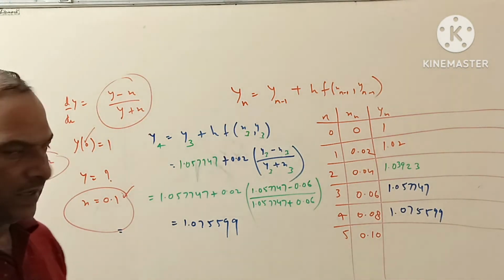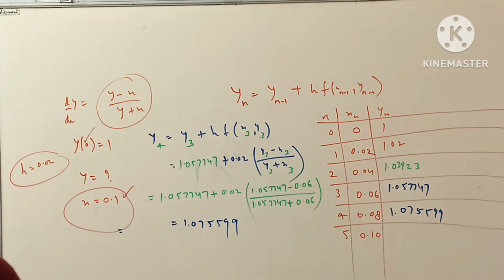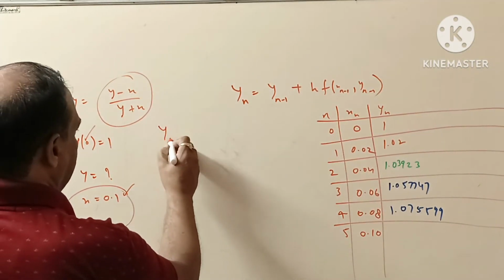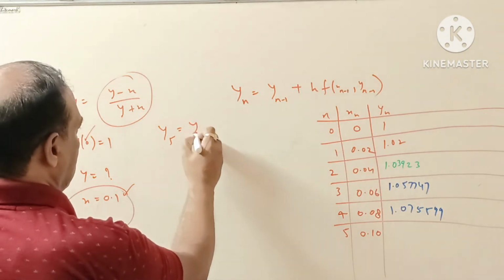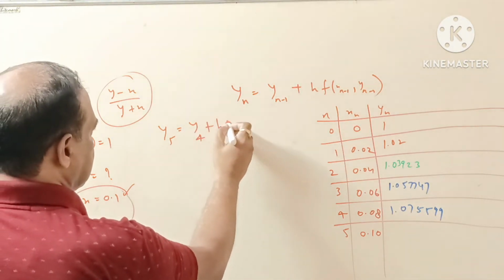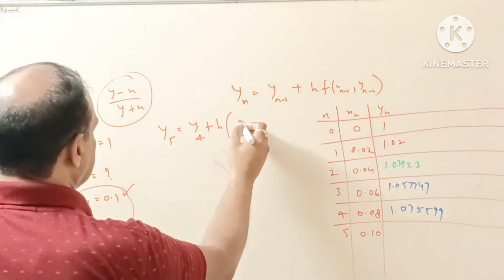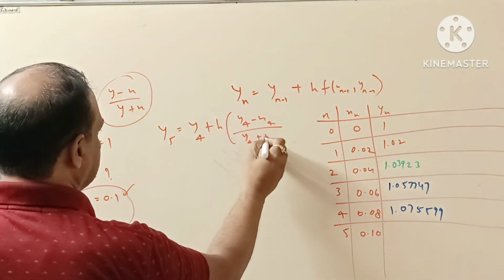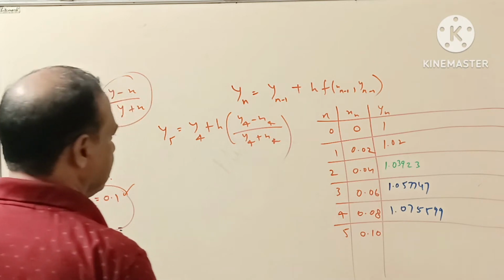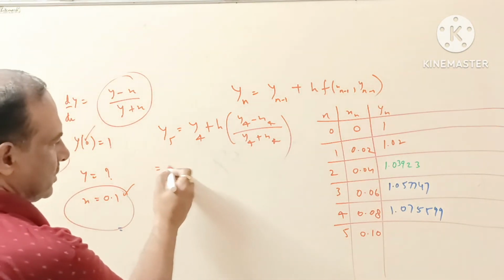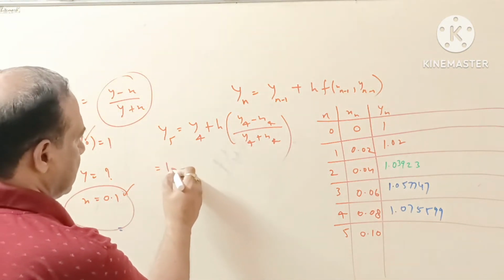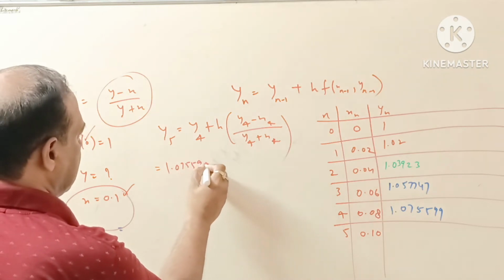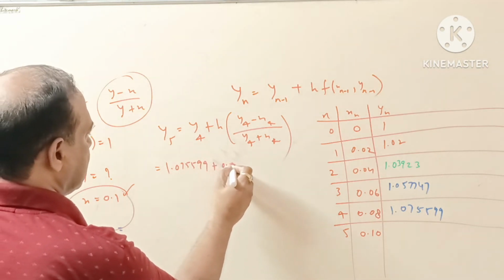Now I have to find out the last value. Now y5 is equal to y4 plus h, and in the bracket y4 minus x4 over y4 plus x4. Fine. Now the value of y4 is 1.075599 plus 0.02.